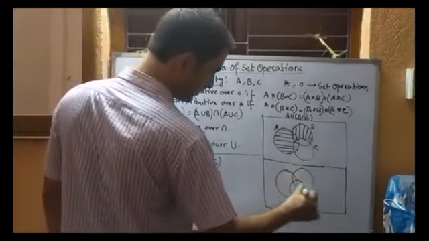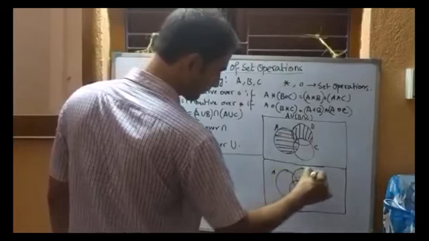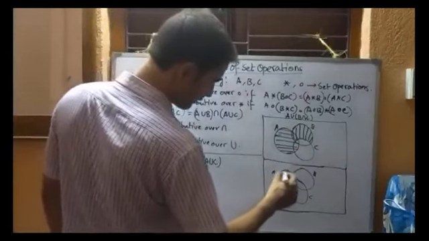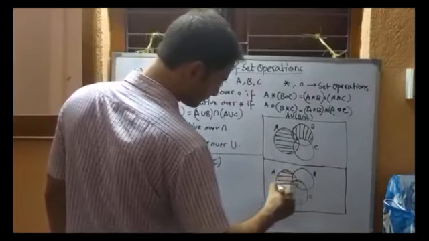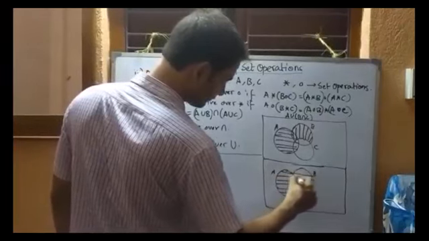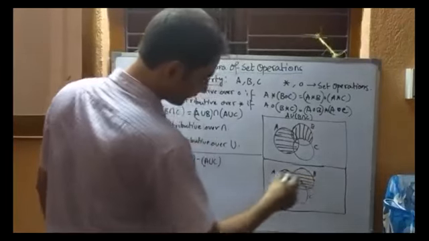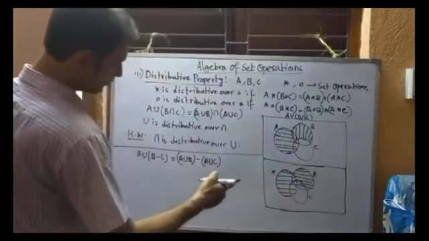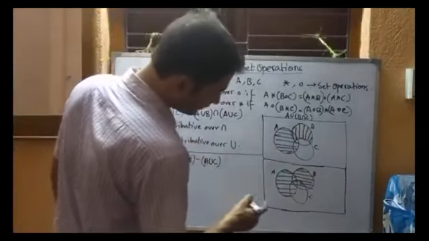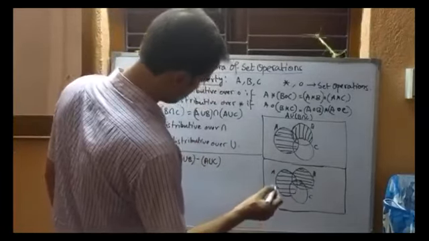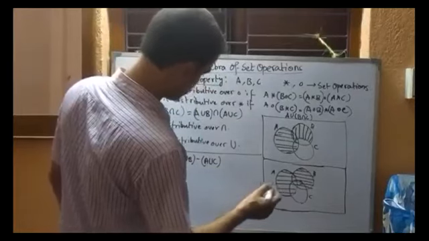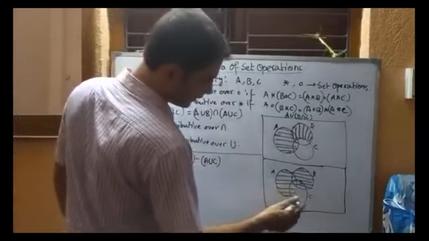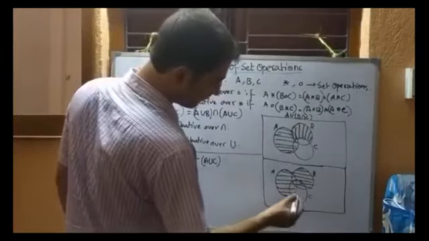So again A, B, C. Now you see it is A union B. So this is A union B. And then we have to subtract the portion of A union C. So we have to subtract the portion for A union C. So which part is in A union C?